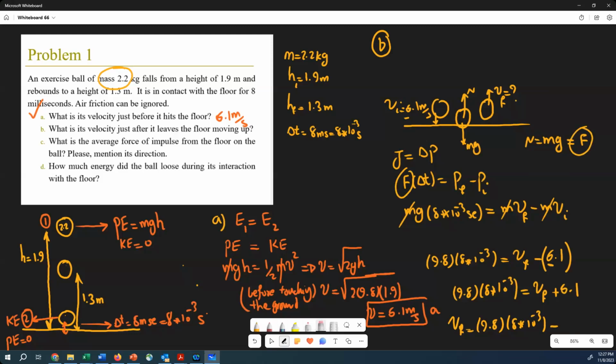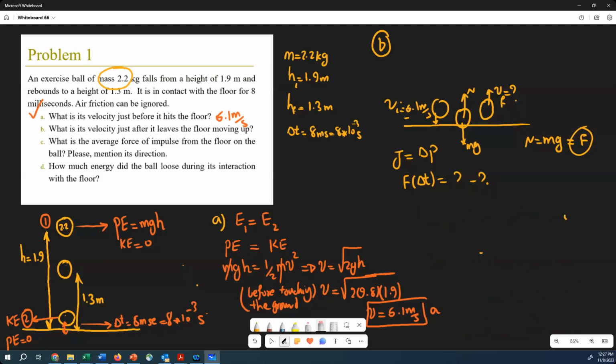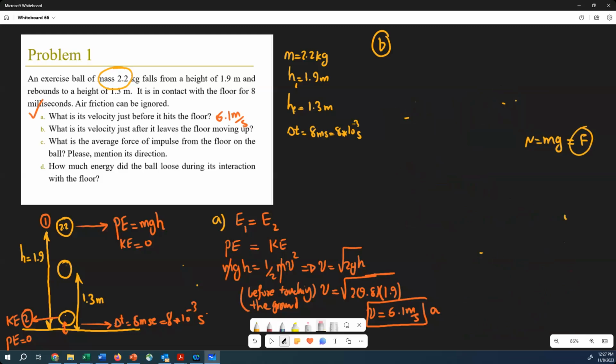It doesn't mean that this is wrong, but because your instructor is telling us to follow this way, we need to use conservation of energy again, because we know how high it goes. How high it goes, we can calculate the velocity again by using the conservation of energy. So let me erase this. We don't know exactly what kind of force it is, because we will have a normal force plus another dissipative force, so that's why we need to be careful.